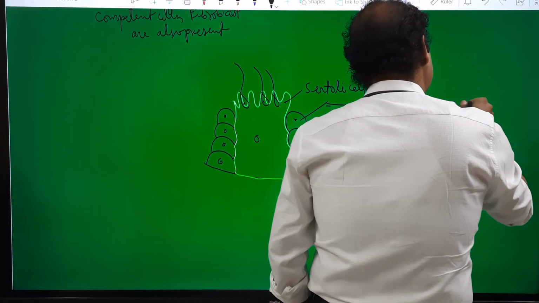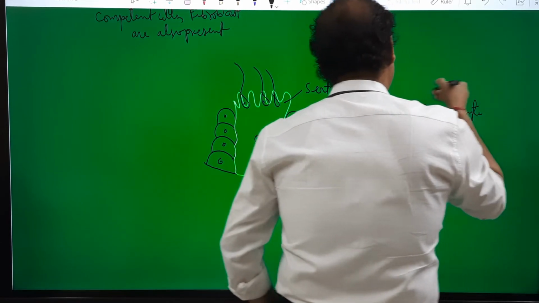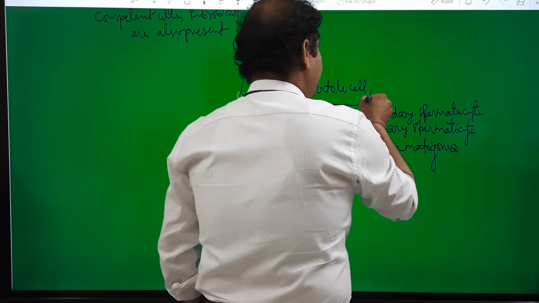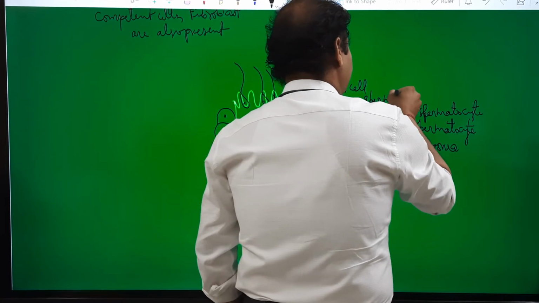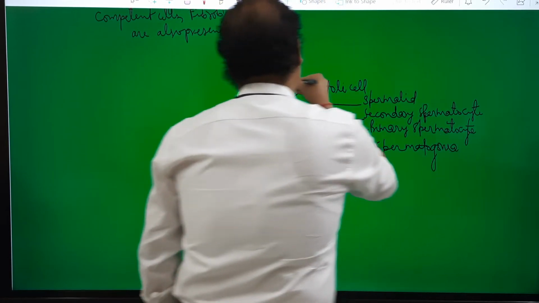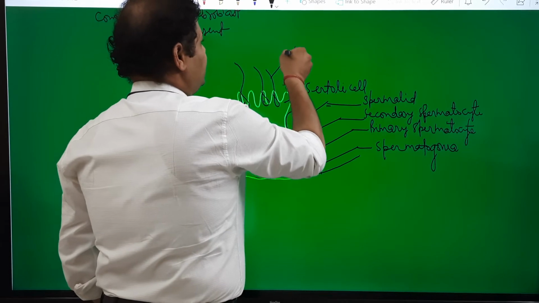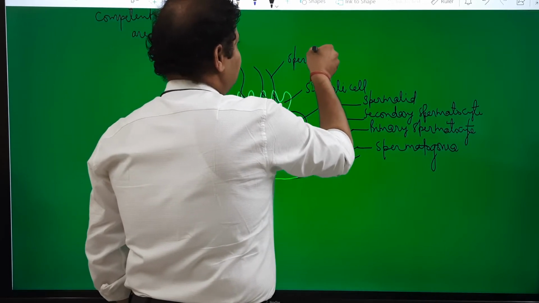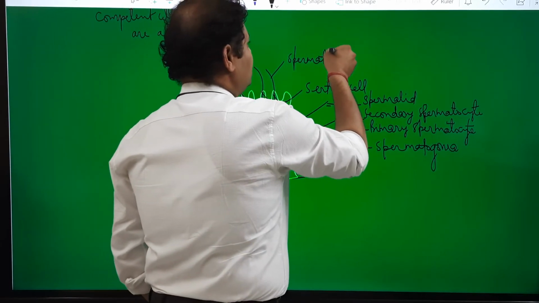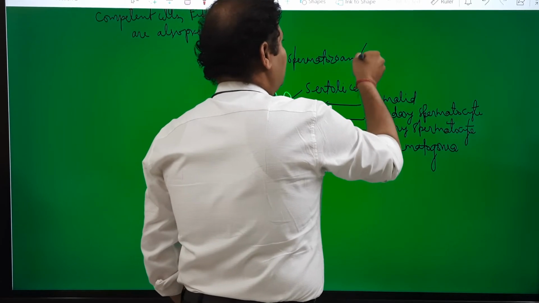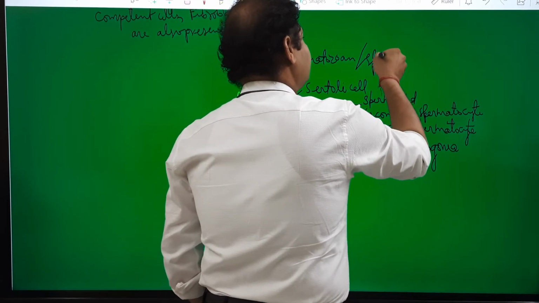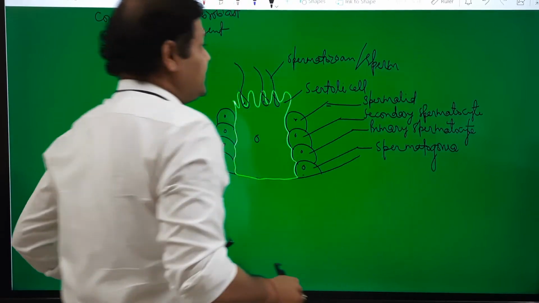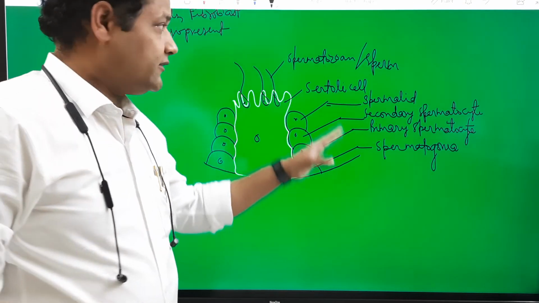Third is secondary spermatocyte, and this is spermatid. They are spermatozoa or sperm. They take nourishment from Sertoli cells.